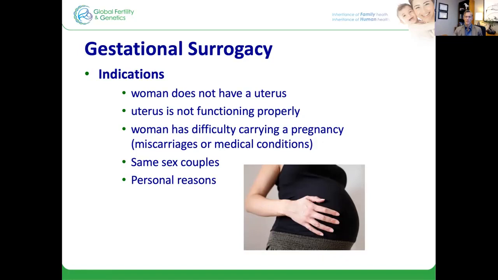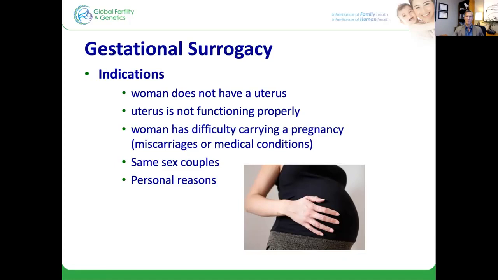A woman can have difficulty carrying a pregnancy because she has severe medical conditions like heart conditions that put her at severe risk if she has a pregnancy and delivery. Also, some women will suffer from multiple miscarriages, and some of these miscarriage cases can be treated medically or surgically, but some of them are not easily solvable and will need a surrogate.